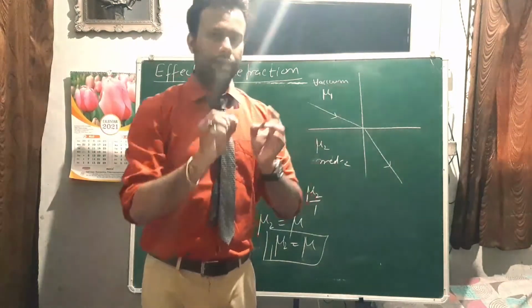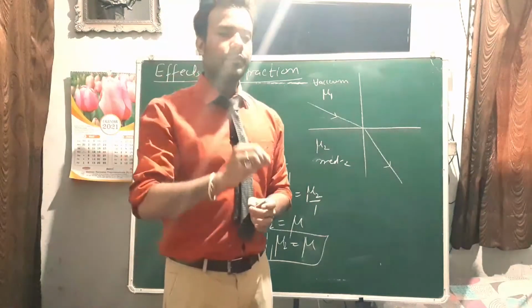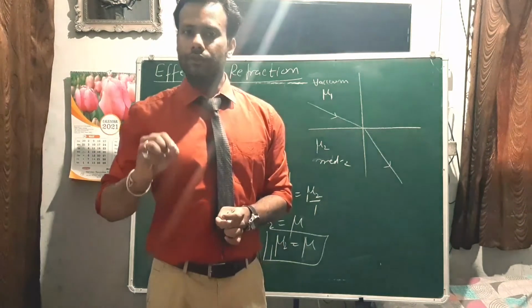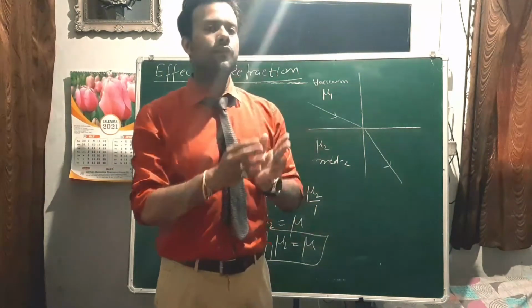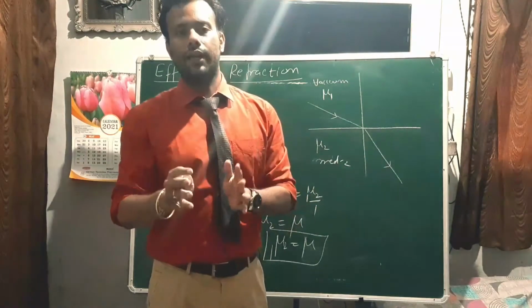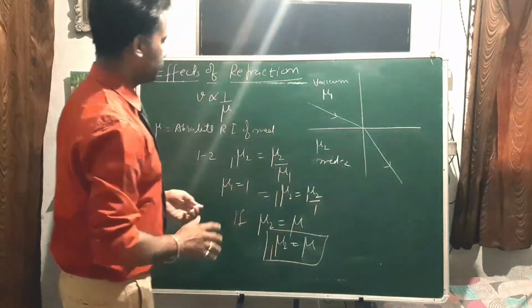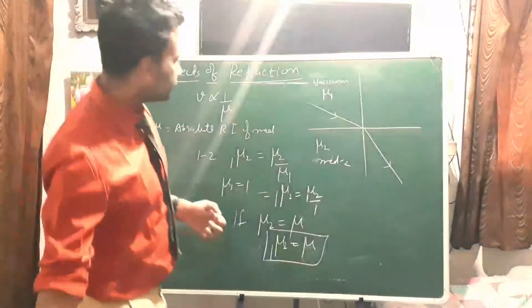Conclusion: absolute refractive index is the ratio of the refractive index of the medium to the refractive index of the vacuum. Let me write on the board. You can take the screenshot.